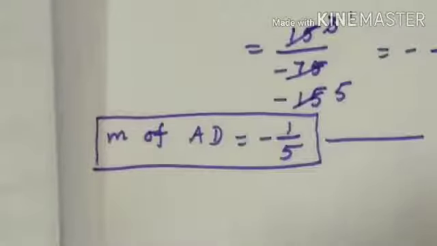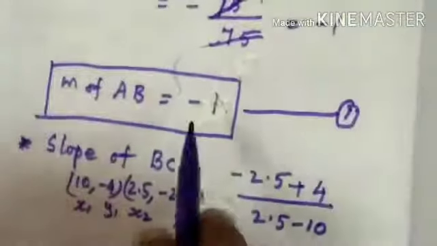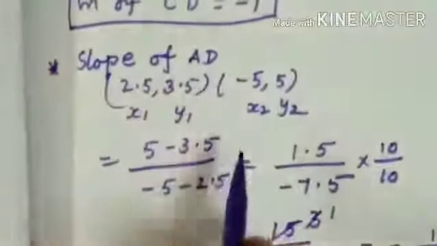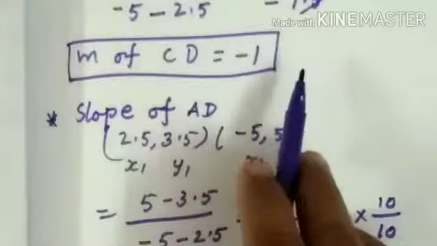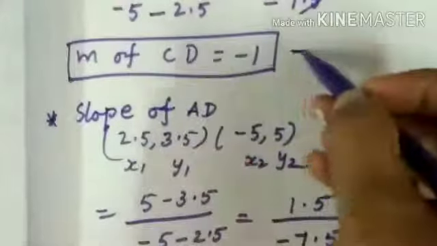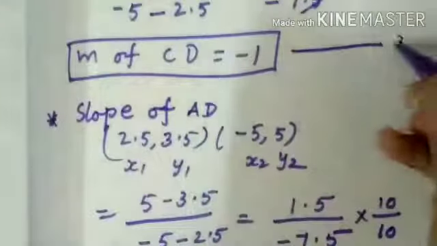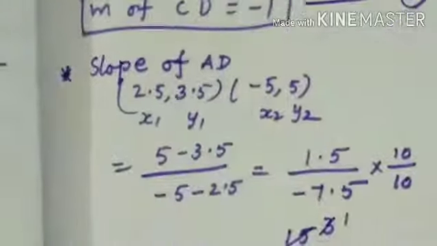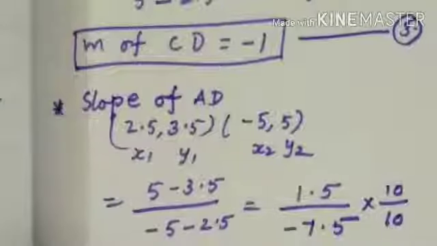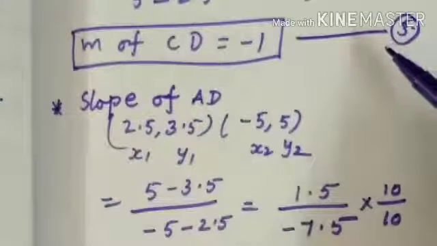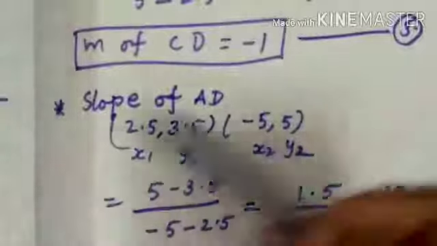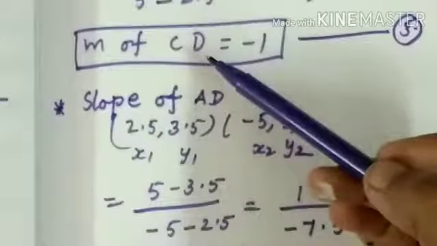Now you have to observe these slopes. See, slope of AB is equal to minus 1 and slope of CD also minus 1. This one you keep number 3. Therefore, from 1 and 3 we get slope of AB is equal to slope of CD.